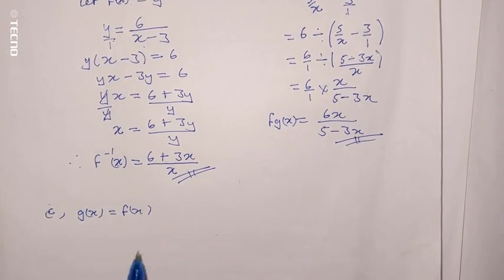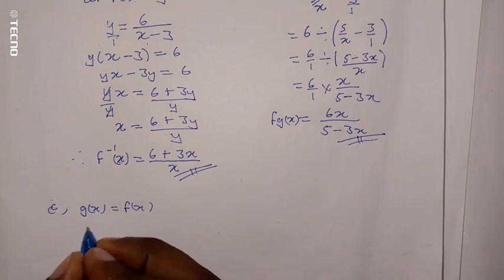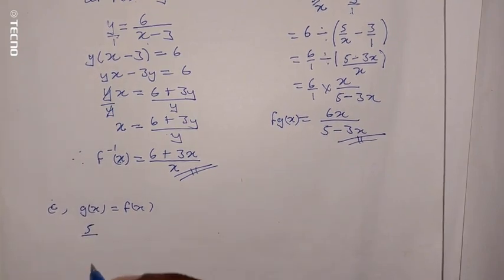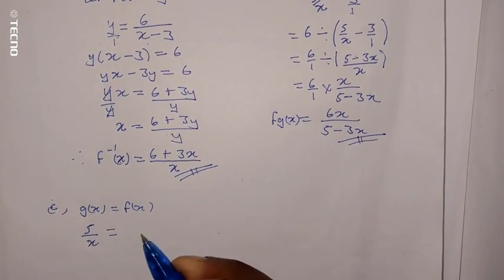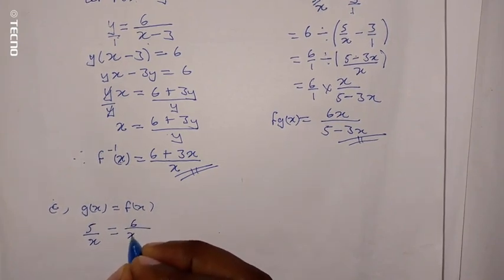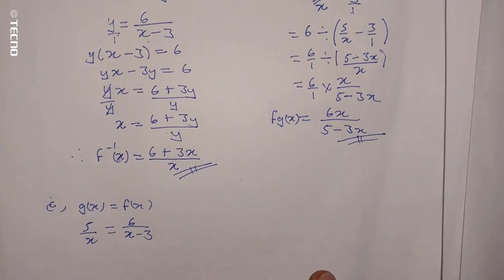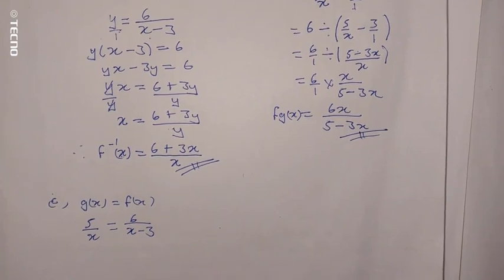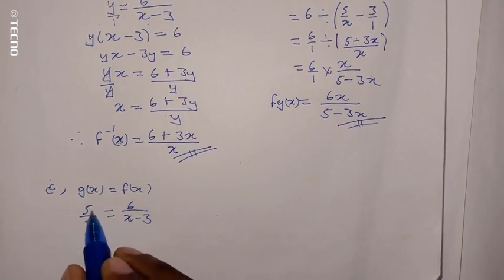So when you talk of g of x, g of x is 5 over x, equal to f of x, which is 6 over x minus 3. So having this, we can cross-multiply, this by this, this by this.